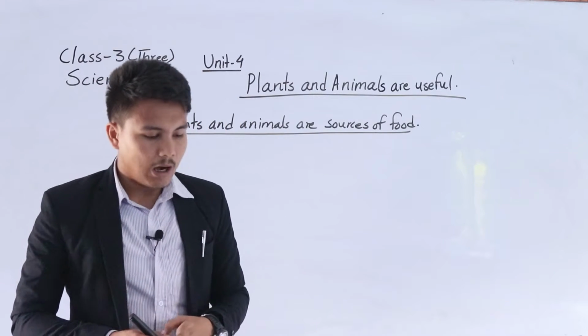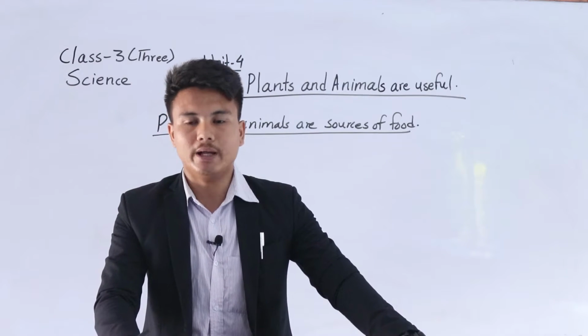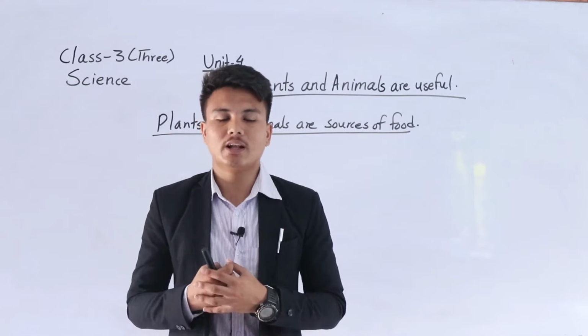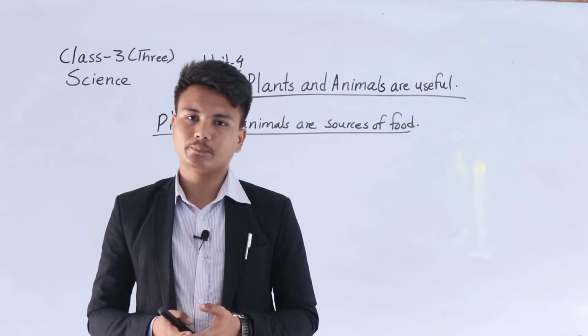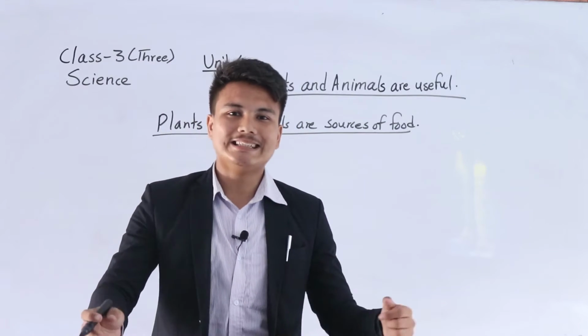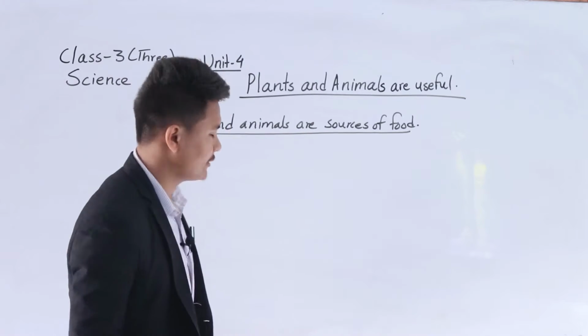Our food basically comes from plants and animals, as we already know. Rice, lentils, vegetables, fruits, salad, etc. come from plants, whereas eggs, milk, butter, cheese, meat, honey, etc. come from animals. Let's write it down.